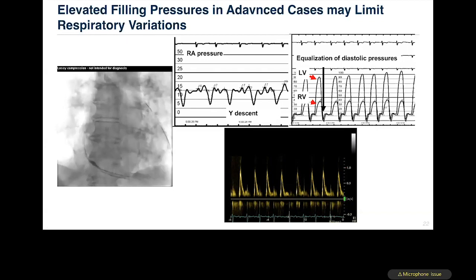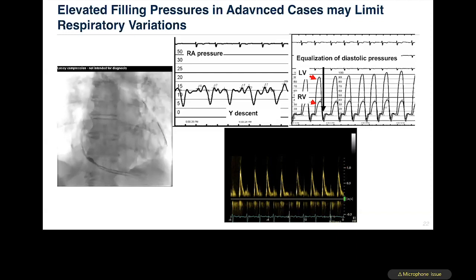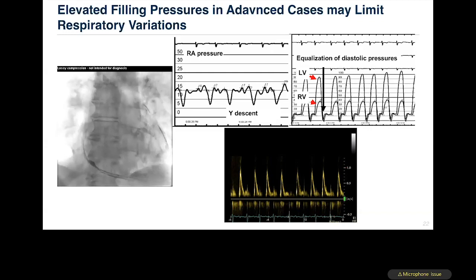The LA pressure and the RA pressure are so high that it is leading to inability to diagnose constrictive pericarditis. So even if you try to do respirophasic maneuvers, you'll not be able to bring forth the typical changes in the respirophasic velocities because of very high filling pressures.